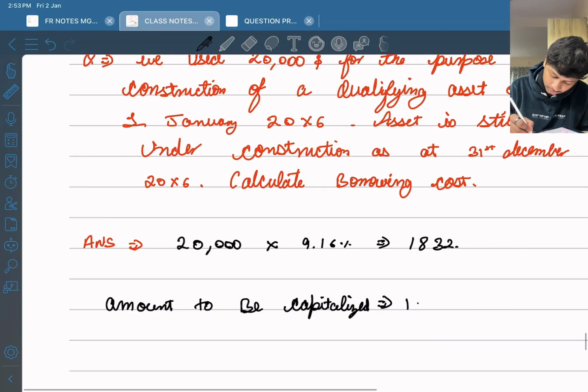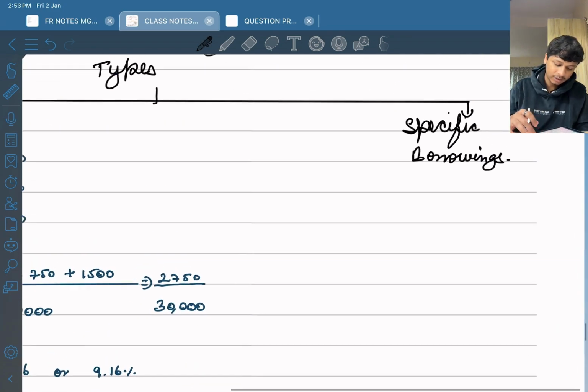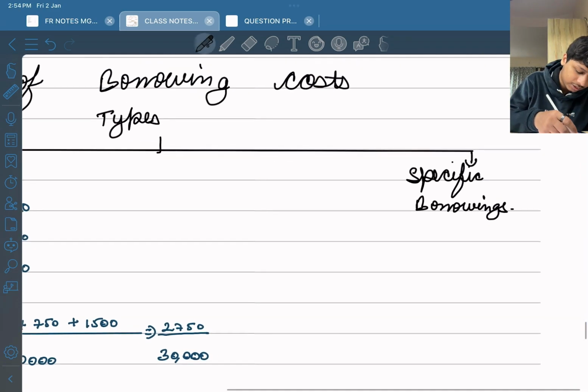I hope this is clear. Moving on to the next part, which is specific borrowings.